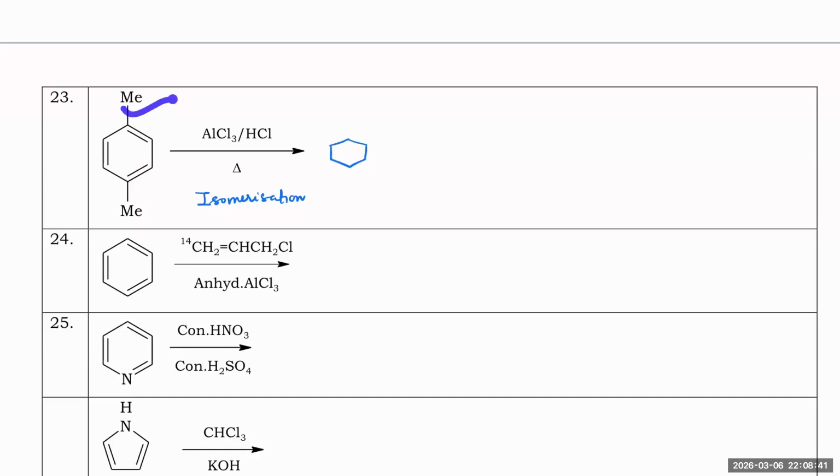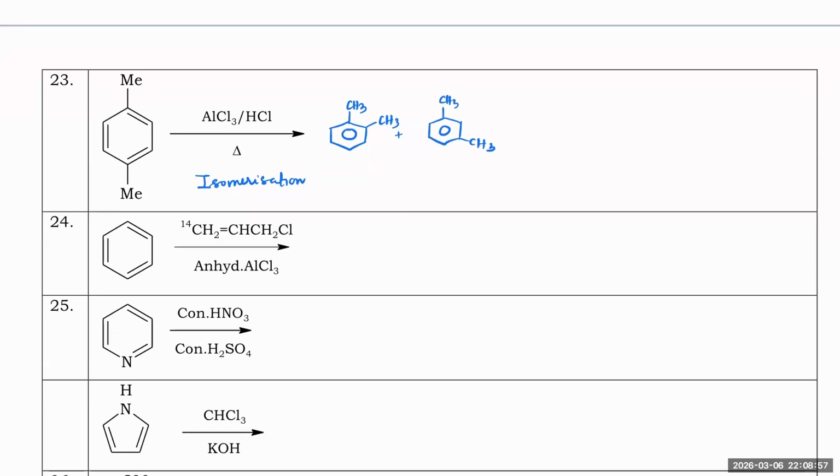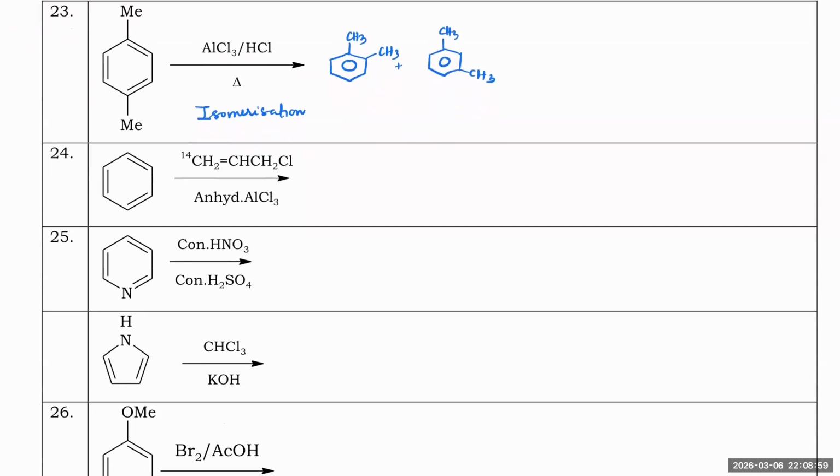Sorry, CH3 minus kind of a group and substitute on the other side. So that's why you'll get this as CH3, CH3, and another one which you can get is CH3 and CH3. These are the products you will get. Okay. So positional isomers is what you will get. Next.